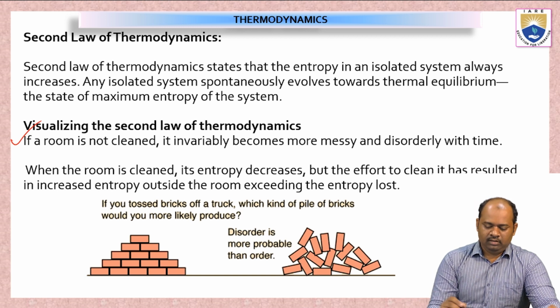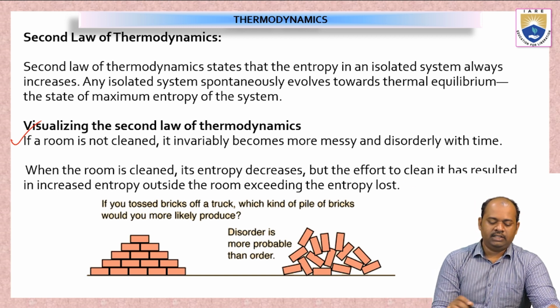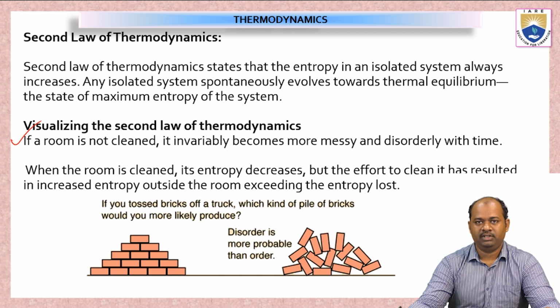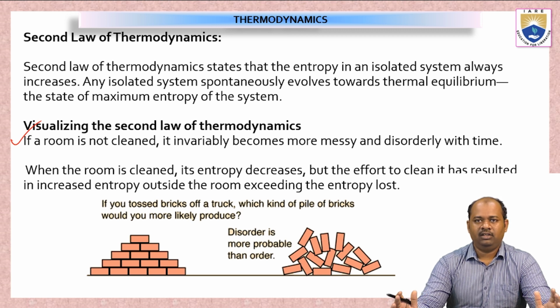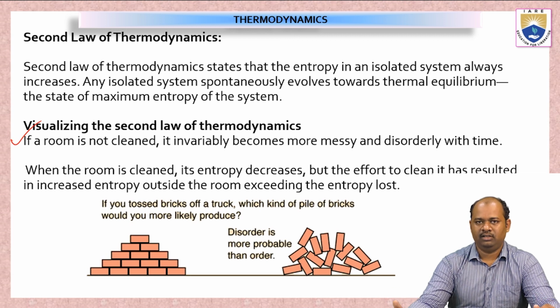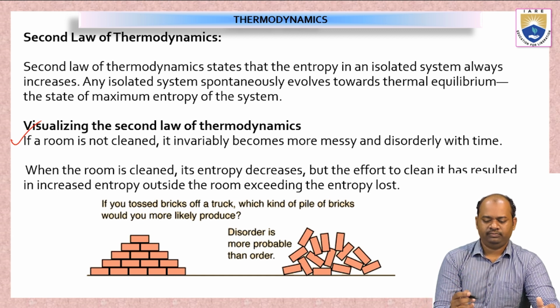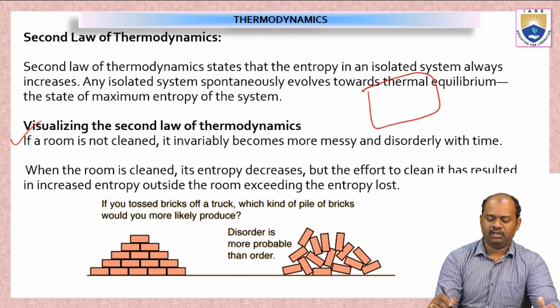But the effort to clean it has resulted in increased entropy outside the room, exceeding the entropy lost. When I try to clean the room, the effort applied on the outside of the room increases the entropy there compared to the entropy lost inside the room. Now we are gradually coming back to the thermodynamic system. Suppose I have an isolated system where the entropy is very high.